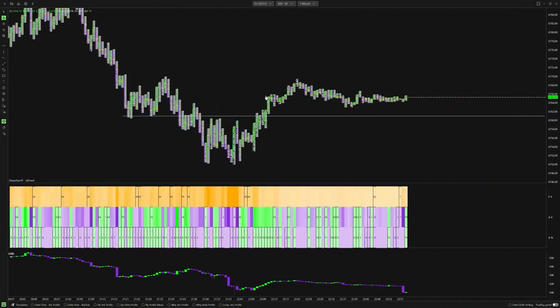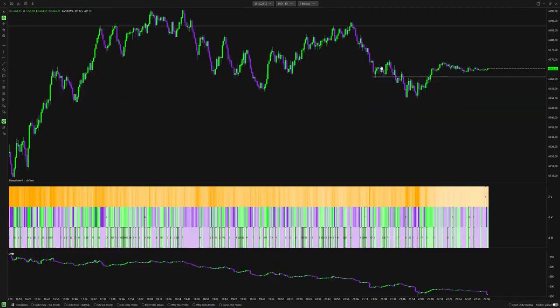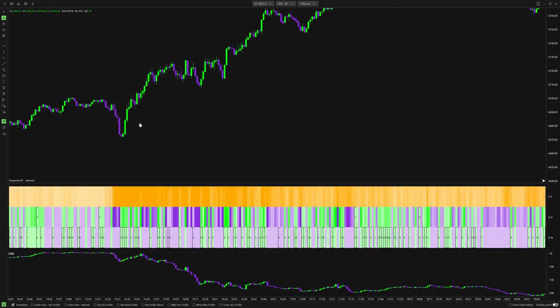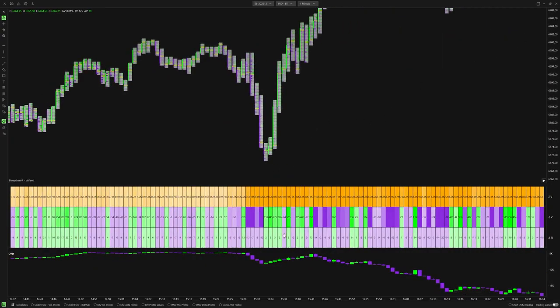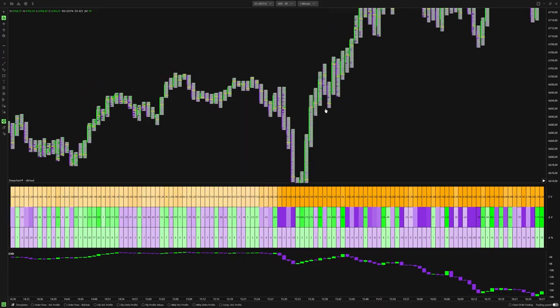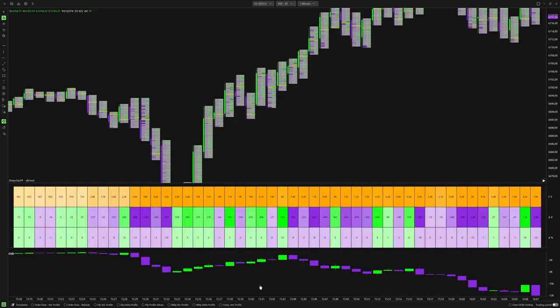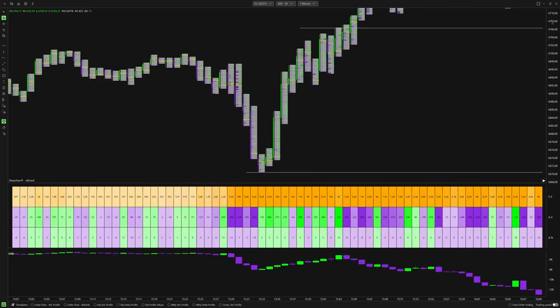So let's take the last session as an example. In the first 15 minutes, this is the low, and this, 45, is the high of the opening range.